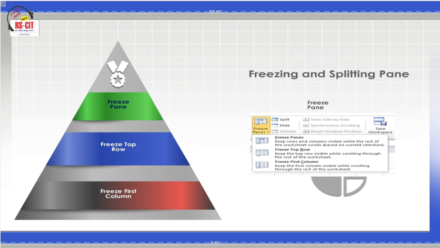You cannot freeze rows and columns in the middle of the worksheet. The freeze panes command is not available when you are in cell editing mode or when a worksheet is protected. To cancel cell editing mode, press Enter or Escape. For information about how to remove protection from a worksheet.